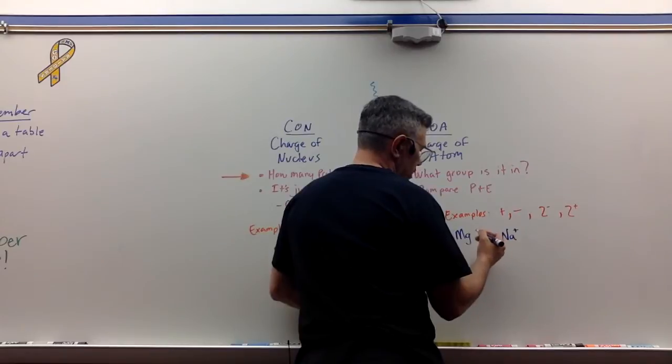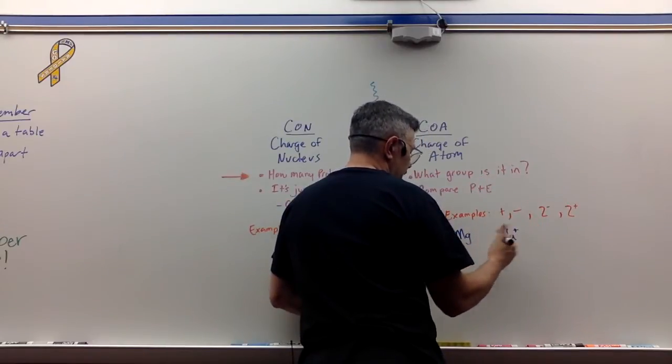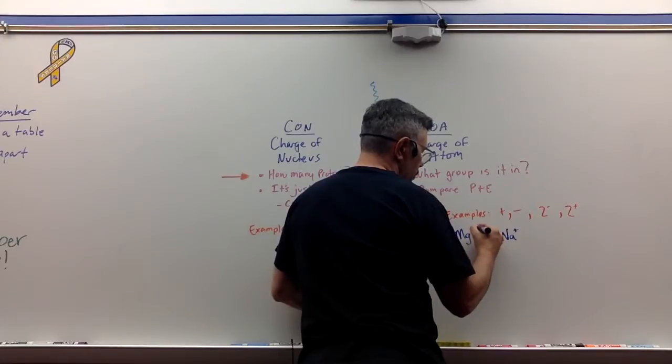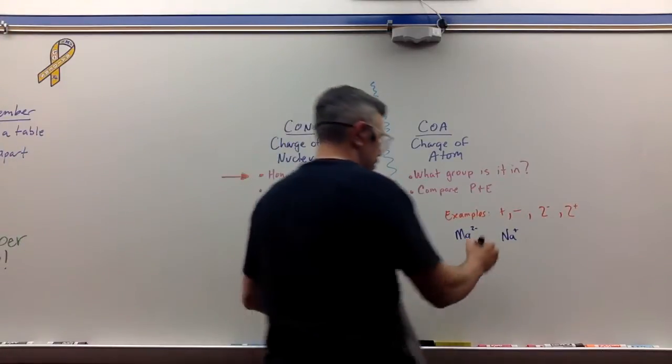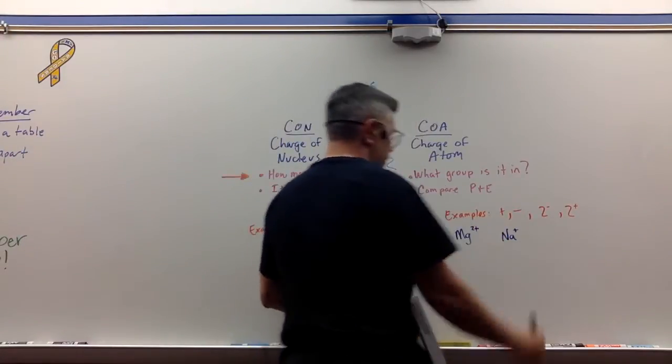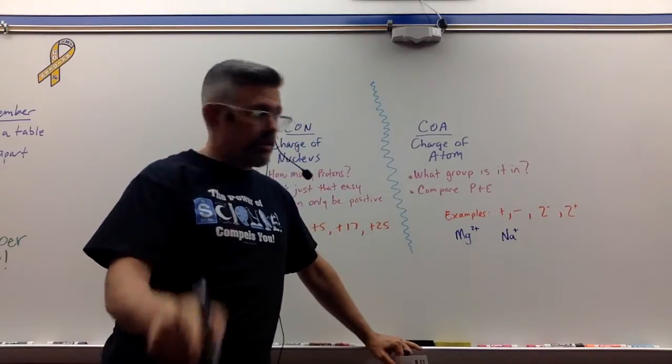So the protons would be 12 positive, and then only 10 electrons, so its charge would be 2 minus. Plus. We are live. Sometimes we make mistakes. So I'm glad you guys are catching me.